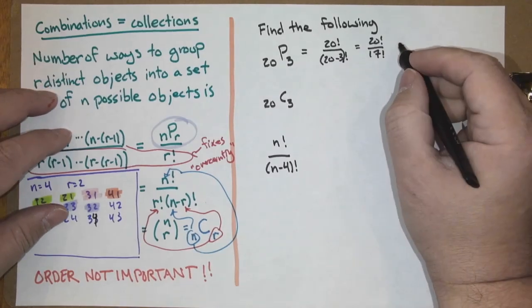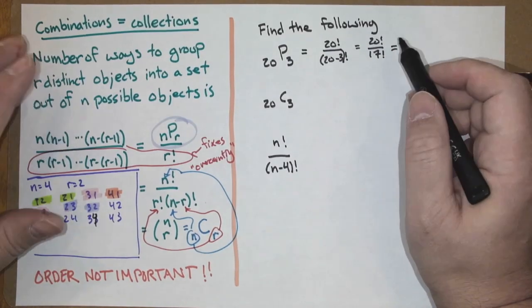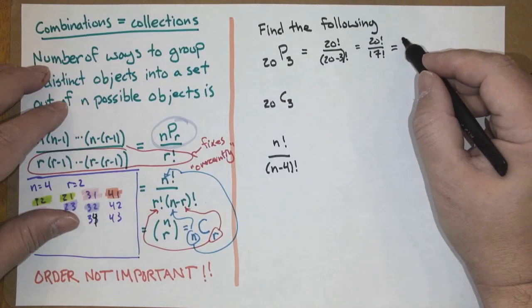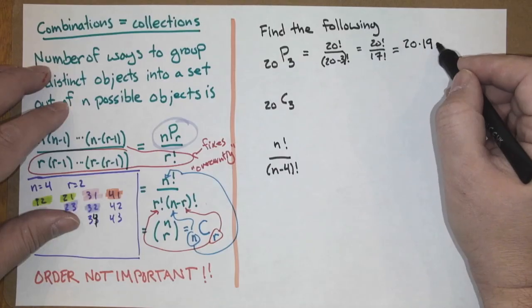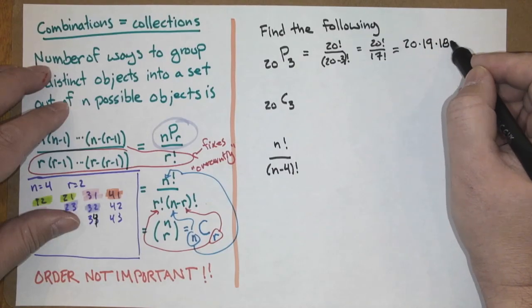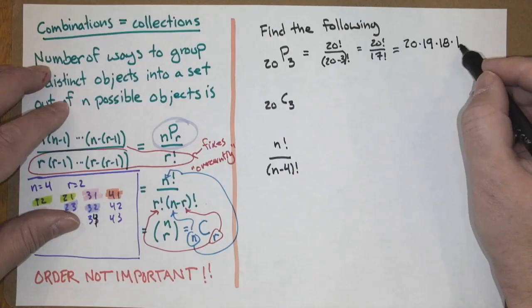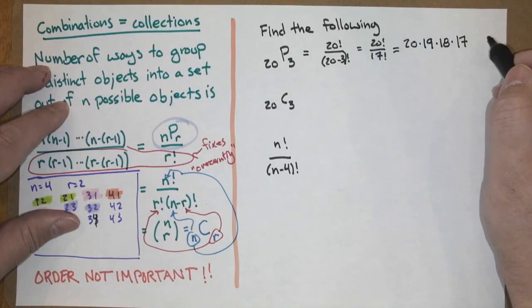So one thing we can do is we can say, well, which one of these is larger? 20. Okay, so I'll start by writing down 20 factorial. That's 20 times 19 times 18 times what's next? 17. And what comes after that? Well, 16, 15, 14.